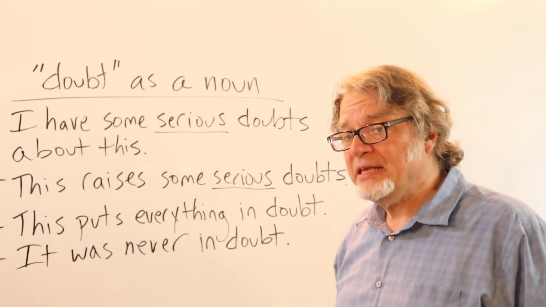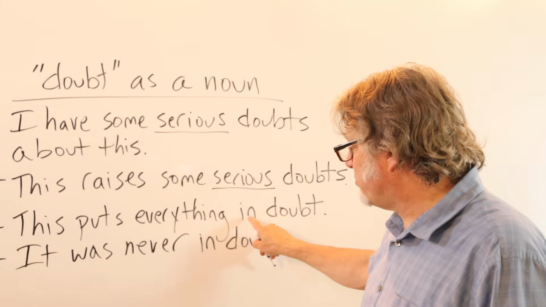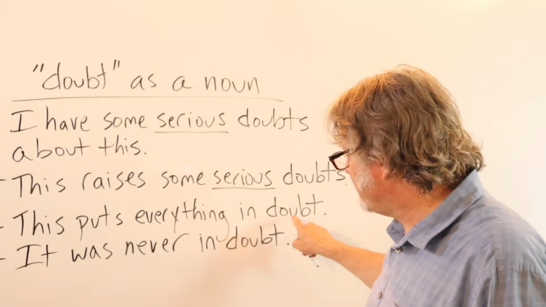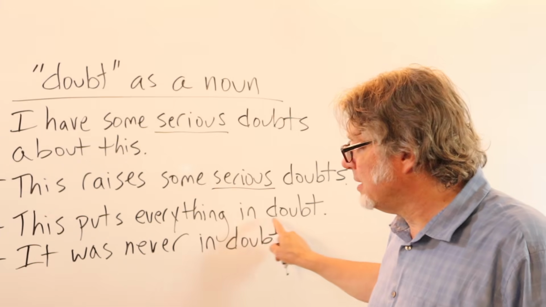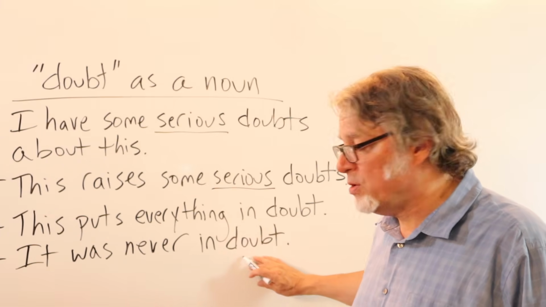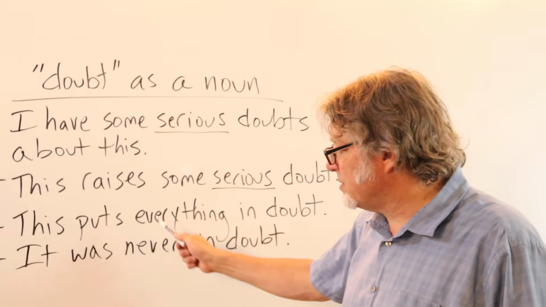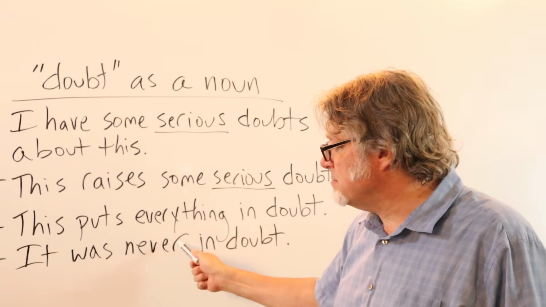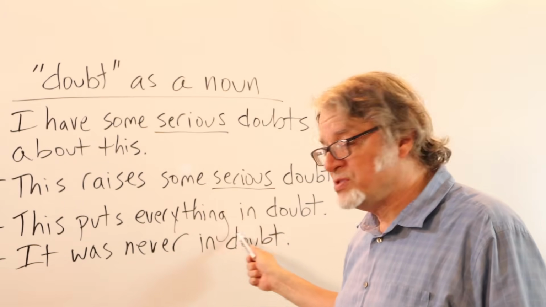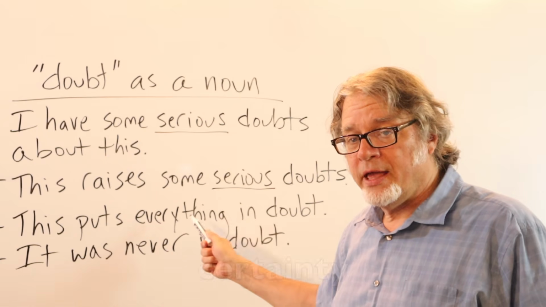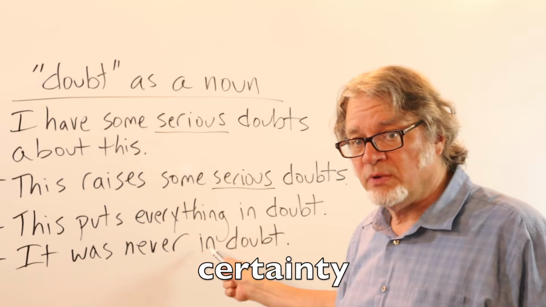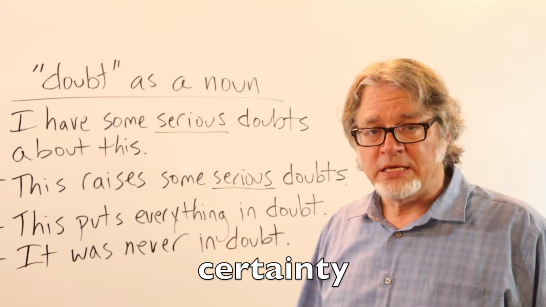This puts everything in doubt. The preposition in is often used with doubt. It was never in doubt. Notice the negative means that the situation was not questioned, and this indicates some level of certainty.